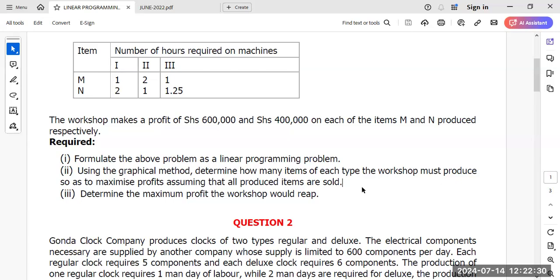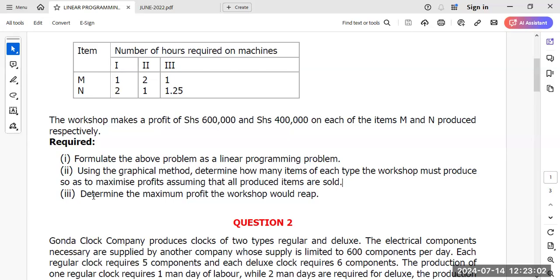Here, something should come into your mind: the workshop is producing something. And it will help you in terms of defining your what? Your decision variables. You need to know how many items this workshop is interested in producing.